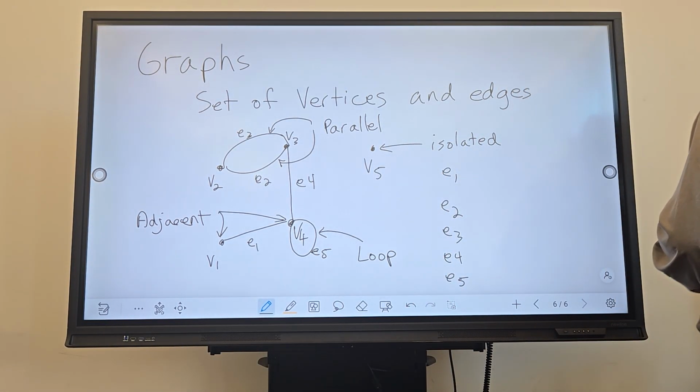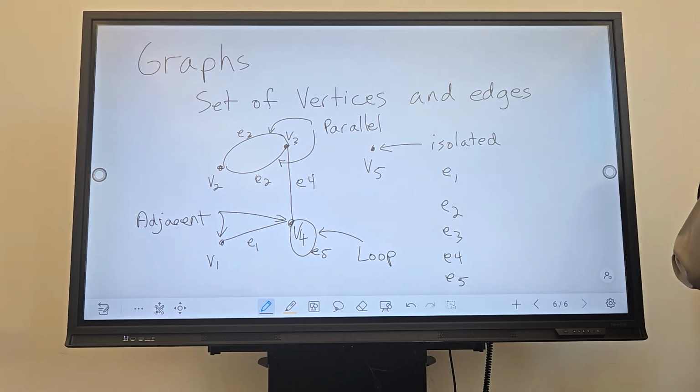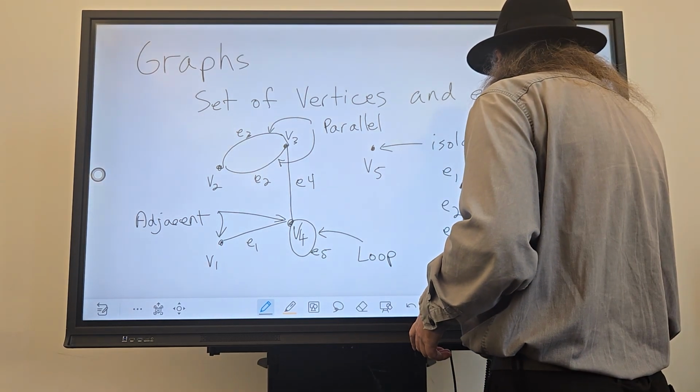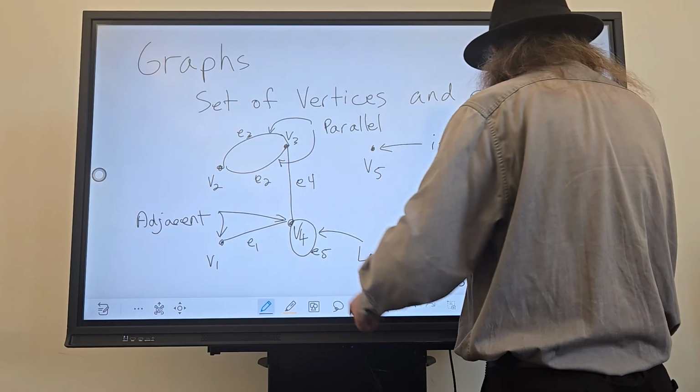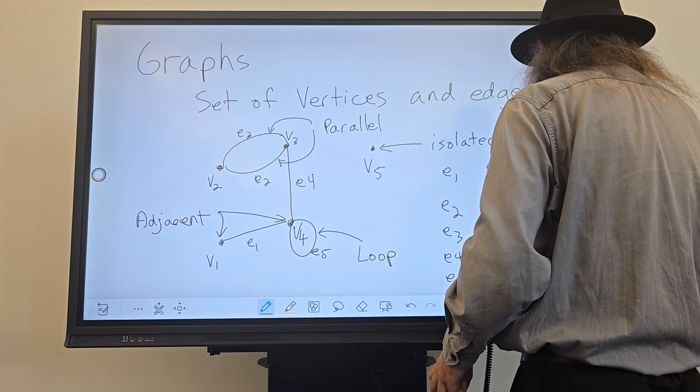Let me make sure I'm reading this correctly. E1 is the set of V1, V4.